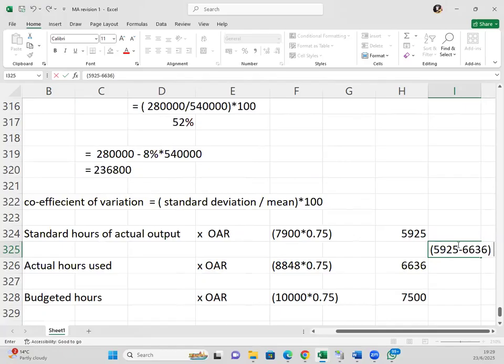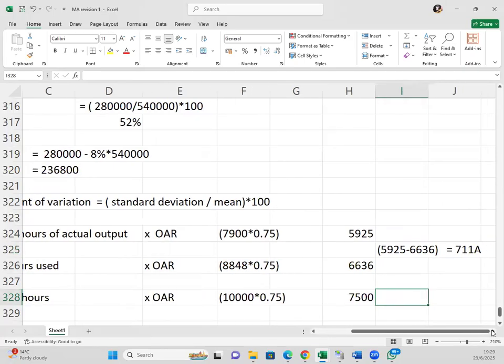This will give us the efficiency variance. What's 5,925 minus 6,636? Minus 711. Negative, that's adverse. So this one is efficiency.